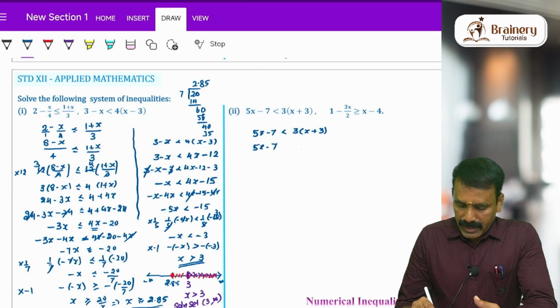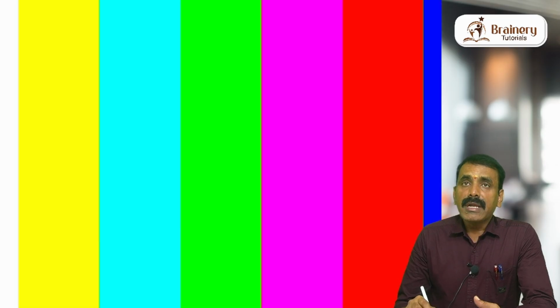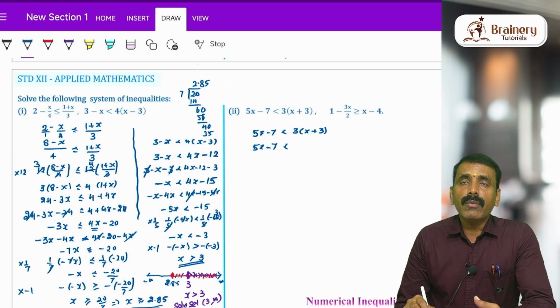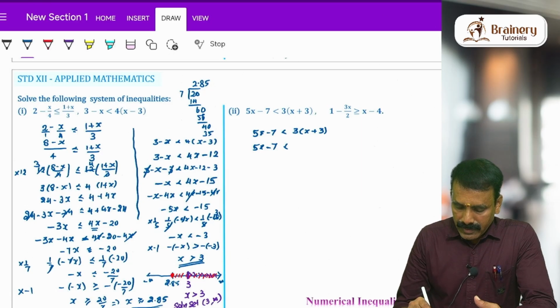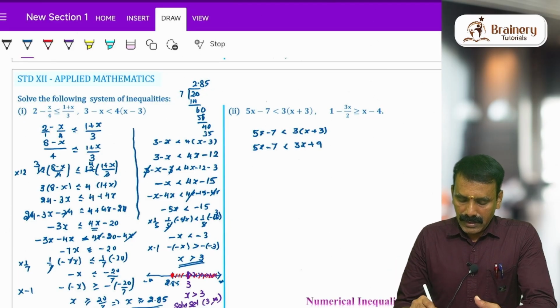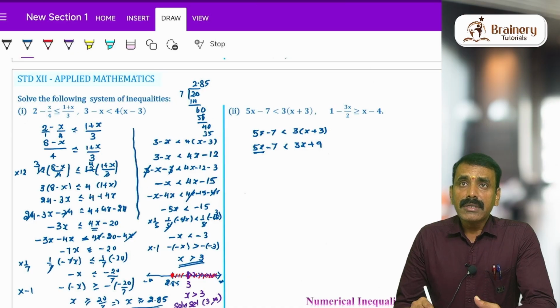I told you already, we must have one term containing the variable and one constant term. We simplify this one. This is 3x plus 9. Now on the left hand side we have a variable term which contains x, that is 5x, and one constant term minus 7. So first we try to eliminate this minus 7.